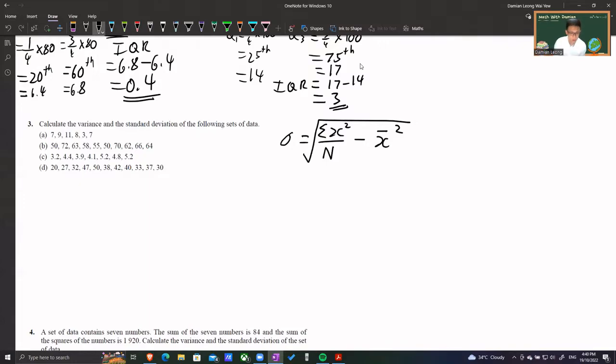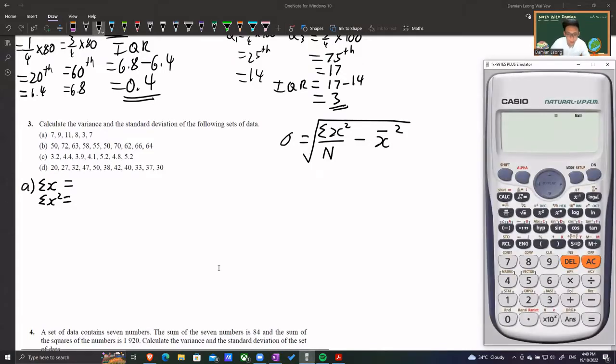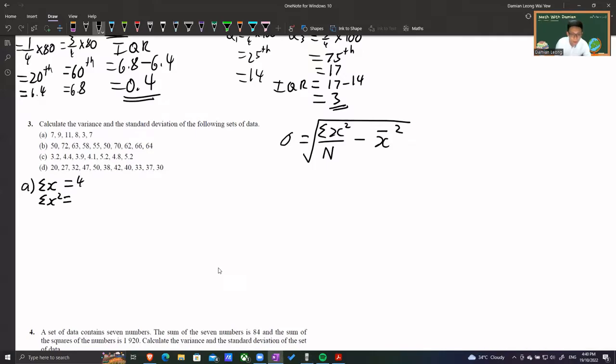So first, let's find the sum of x and the sum of x squared. Basically, we just need to add up all the values. 7 plus 9 plus 11 plus 8 plus 3 plus 7, and I get 45.